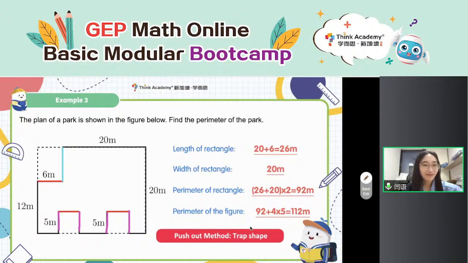Any question now? So basically, you see that for the push-out method, there are 2 different types. The first type is staircase, right? Staircase shape, just the kind of like the L shape. And for the second type, that is for the trap shape. When it comes to the trap shape, you must consider the lines in the middle. Okay?